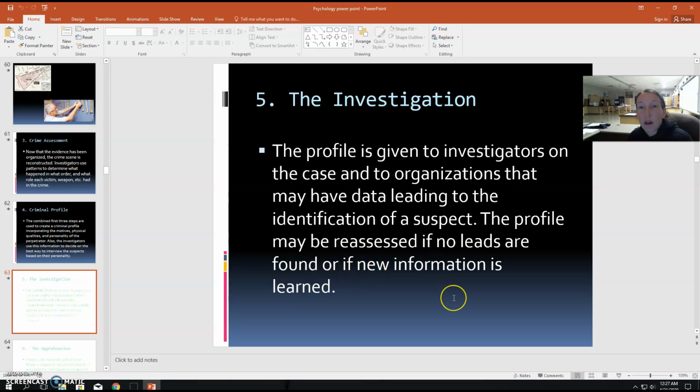So this is huge. You go off and investigate and everything goes cold. Well, this is step 5 out of 6 steps, and it's when they go back to the very beginning. If this isn't working, they go back to step 1 and reanalyze, reevaluate the evidence, and see if they missed something at the crime scene.